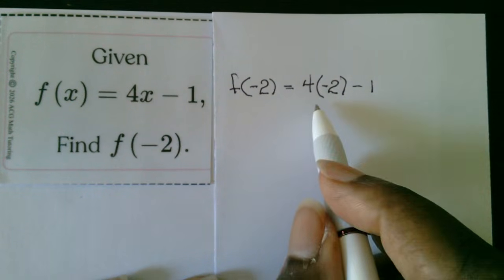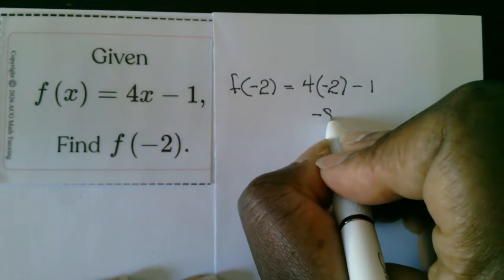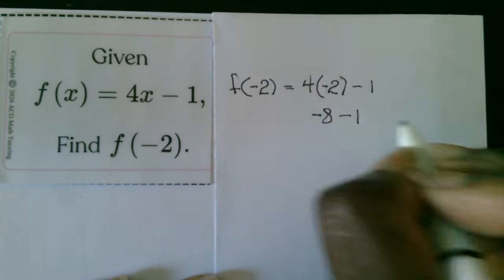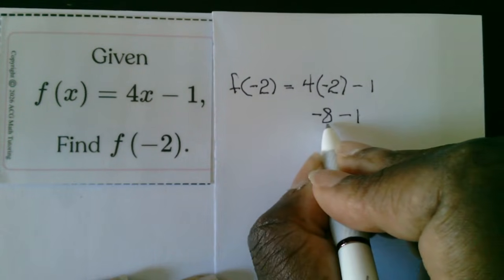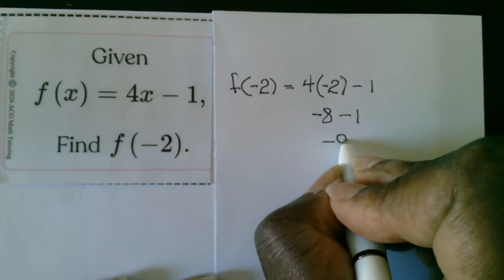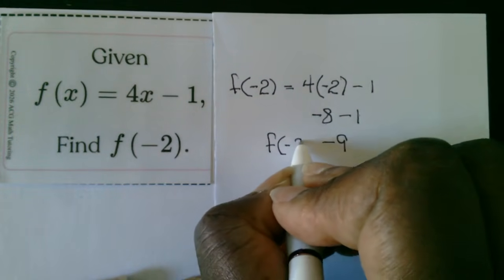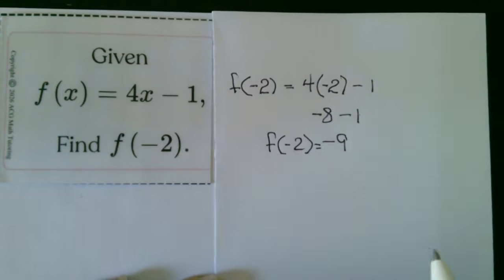So we have 4 times negative 2, which gives us negative 8. We're following the order of operations: bring down your negative 1, and negative 8 plus negative 1 gives me negative 9. So f of negative 2 is equal to negative 9.